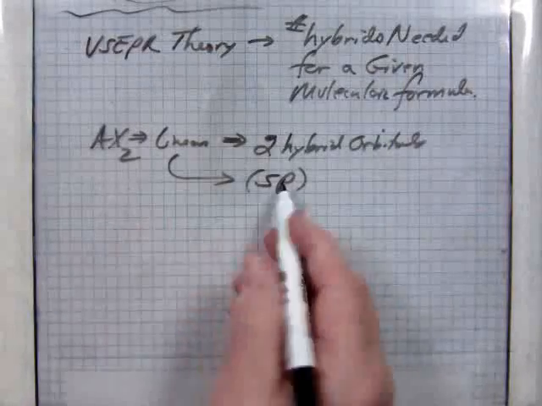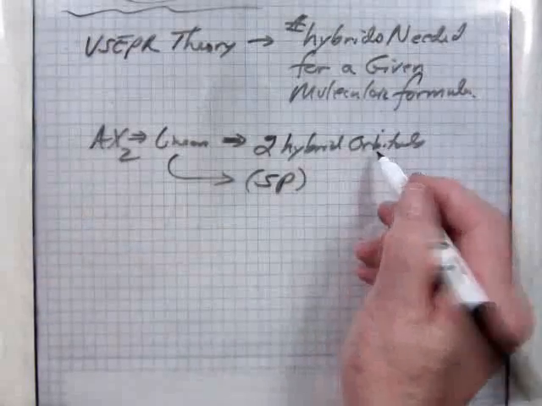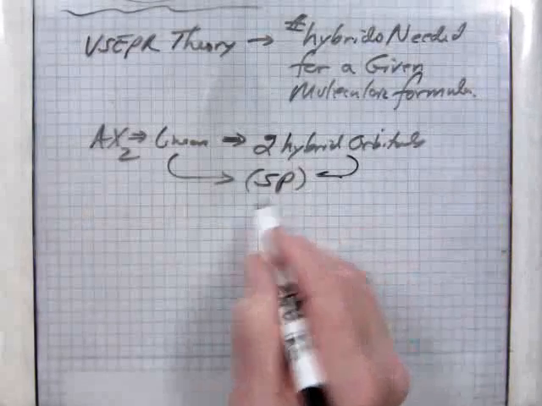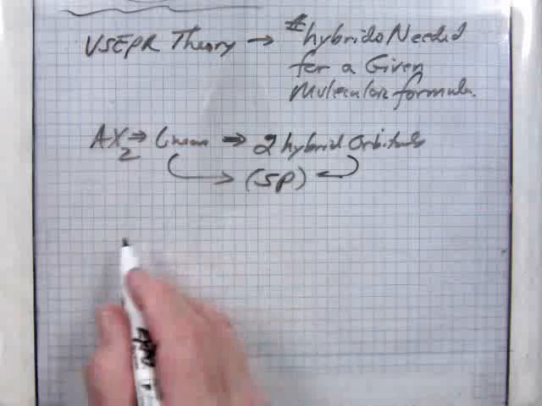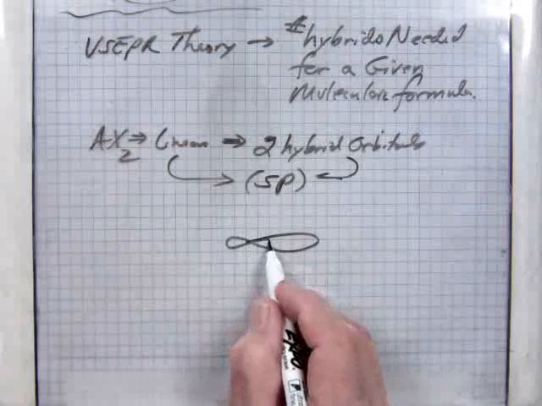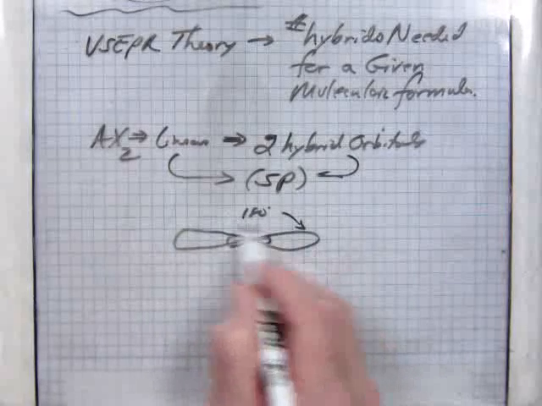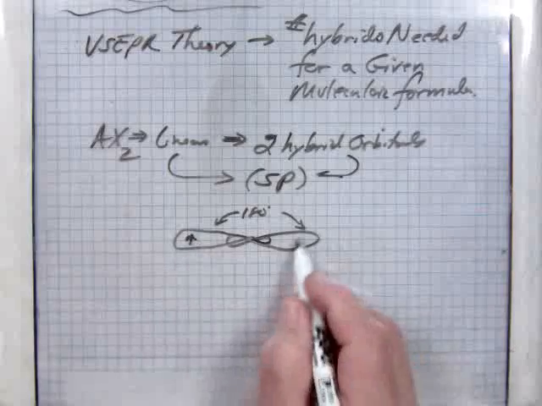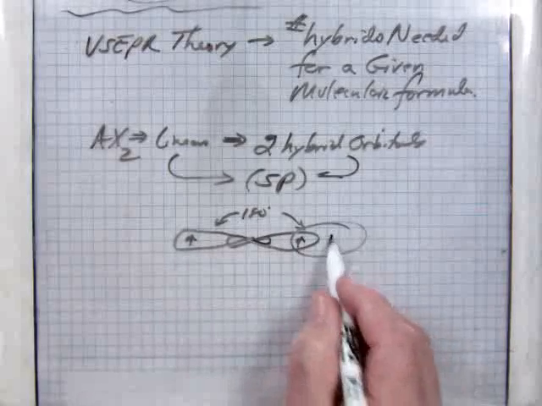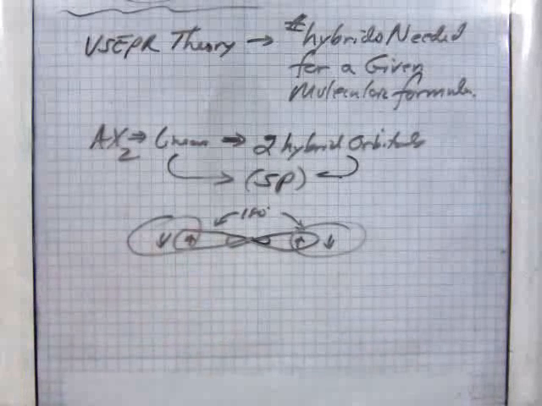So linear would be two hybrids called SPs, but these two hybrids, SPs, both are the same shapes, and they will hook up at the apex and assume a 180-degree bond angle, like this, and they will have the paramagnetic, and then whatever else comes in and bonds, hooks up to those hybrids, like that.